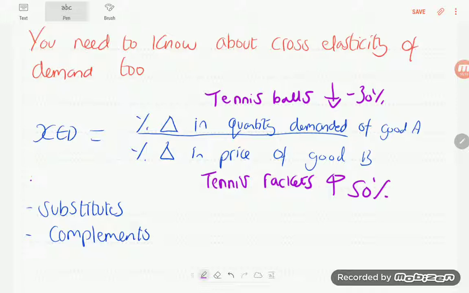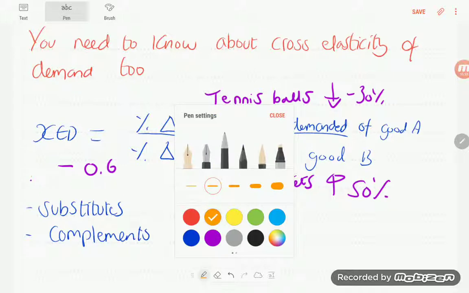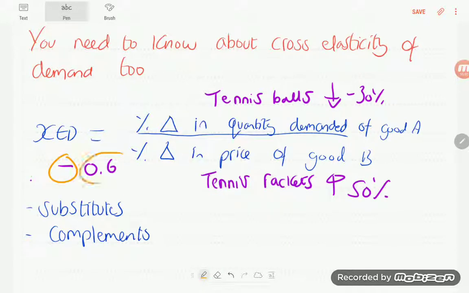So there's a 30% fall in the quantity demanded of tennis balls. This would give us an answer of minus 0.6. So again, what we're going to do here, we separate sign from size. Minus is telling us it is a complement good, and the 0.6 is telling us it is cross-inelastic because it is less than 1.